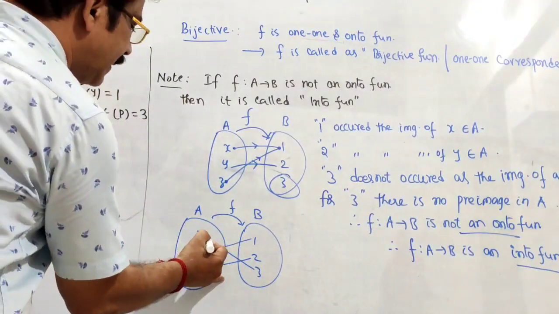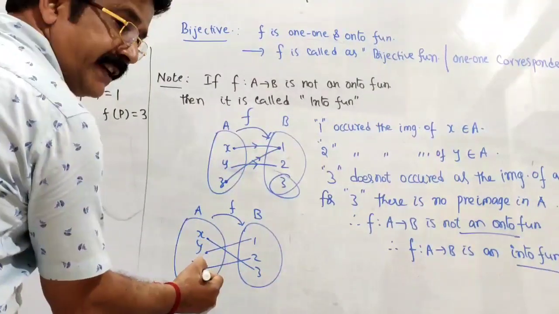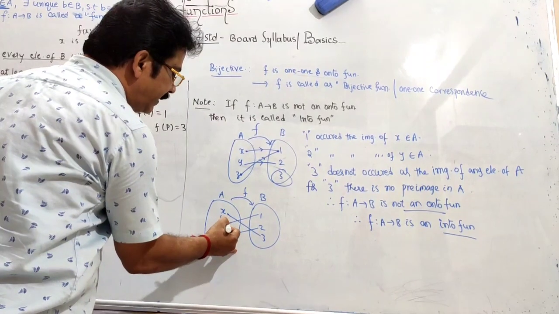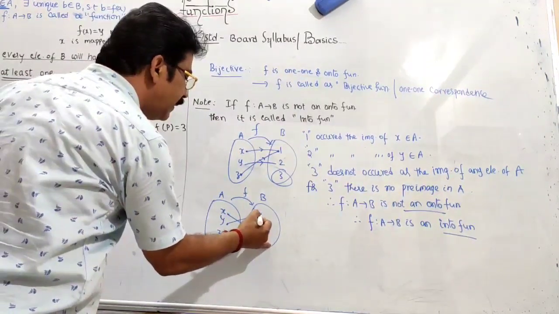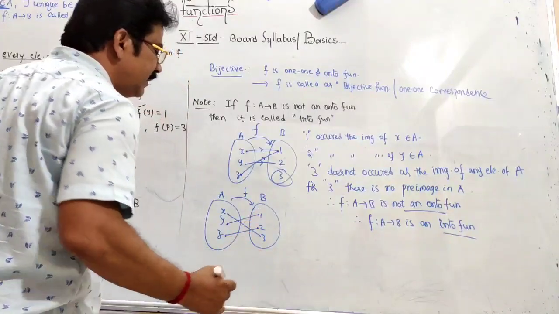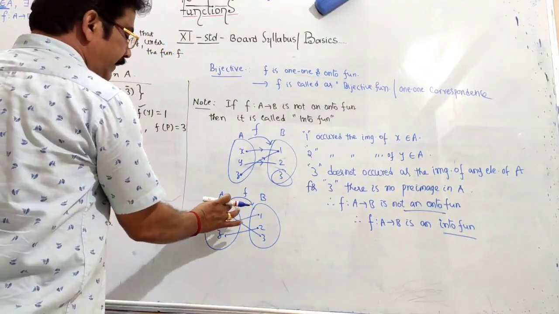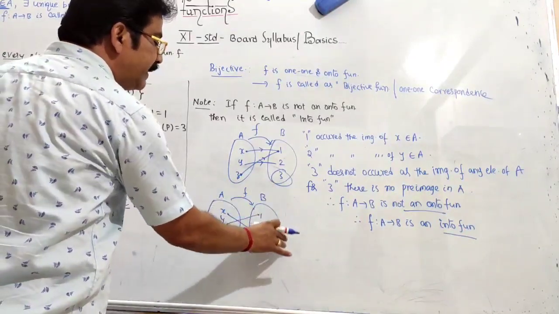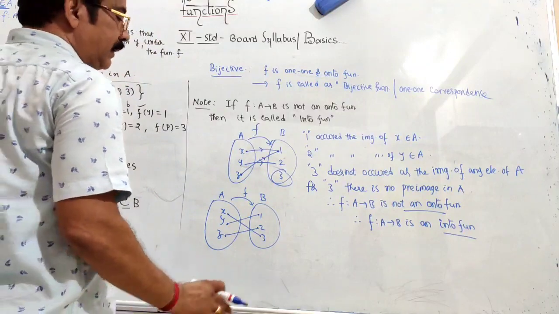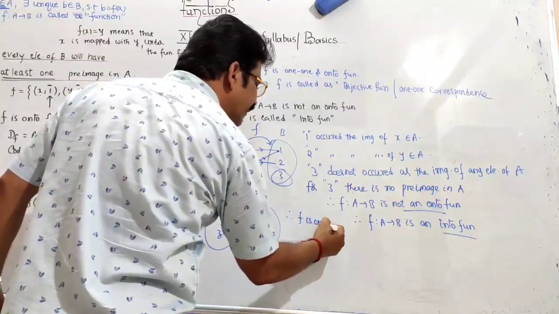So X, Y, Z, different elements of capital A, are mapped with different elements in capital B. So therefore f is one-one function.